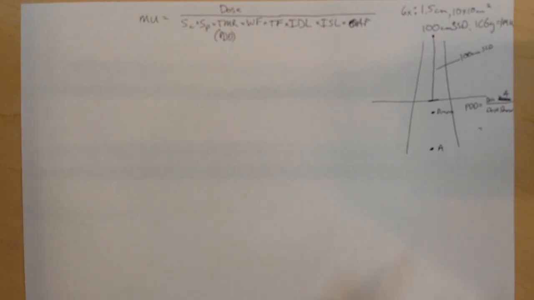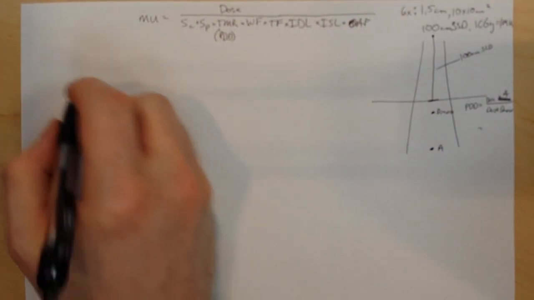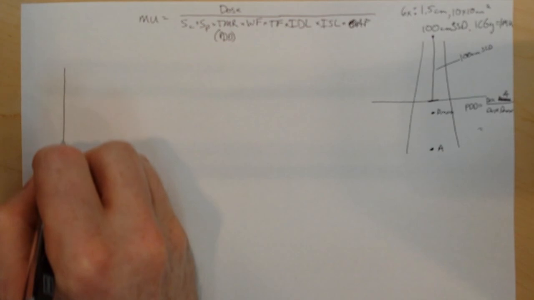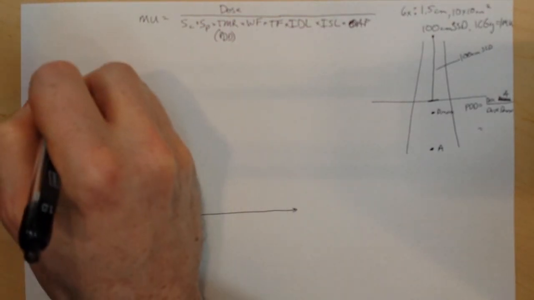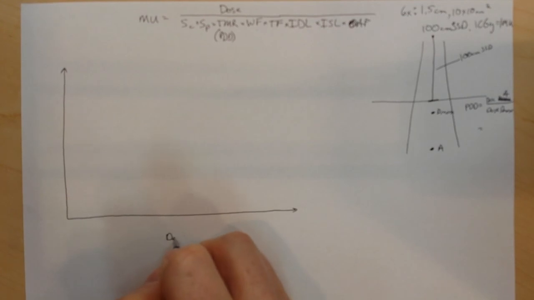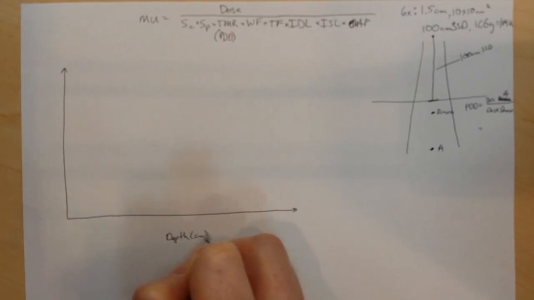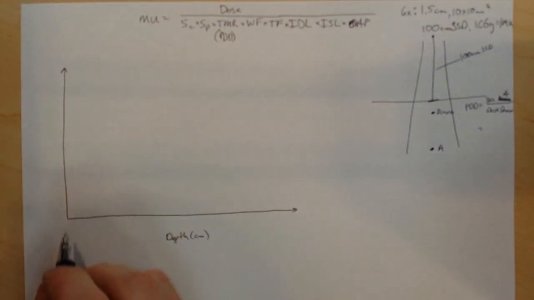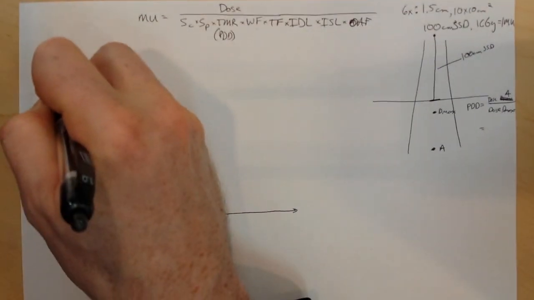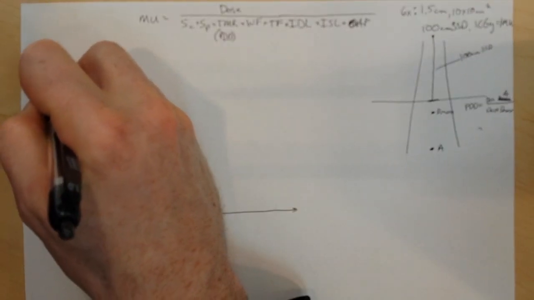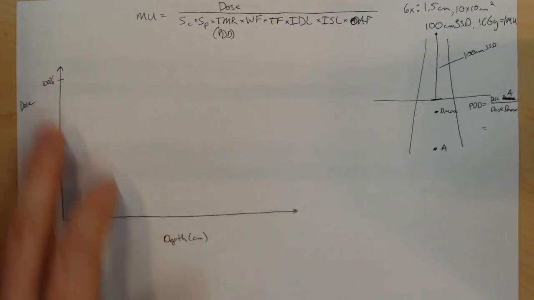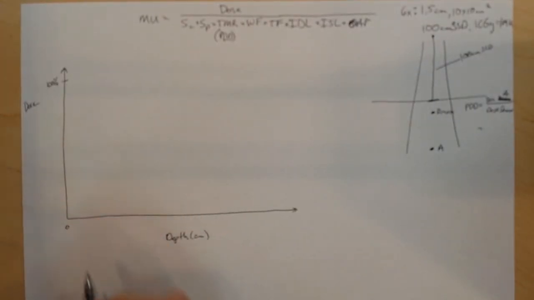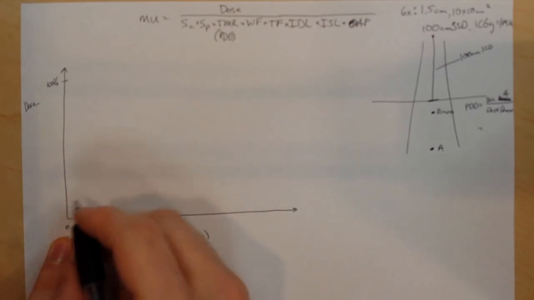Now, let's draw this out. This is going to look very similar to the build-up discussion that we had the other day. Let's take 6X right now. Okay, so I have 100% dose. This is my skin surface at 0 centimeters.